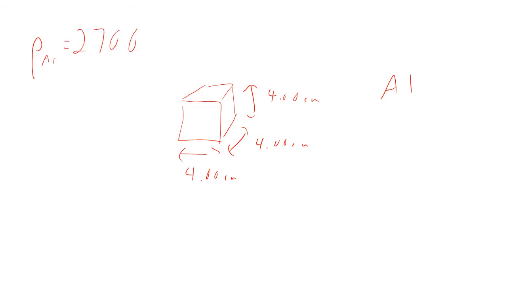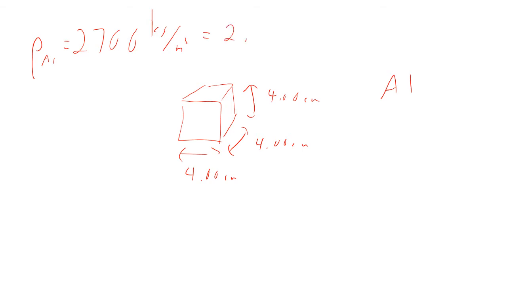Let's say that we've got a block, 4 centimeters by 4 centimeters by 4 centimeters, of aluminum. Okay, and I want to know, what does it weigh? Well, we know that the density of aluminum is 2,700 kilograms per meter cubed.